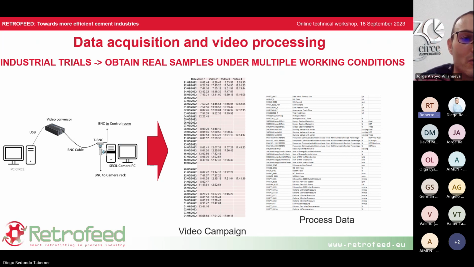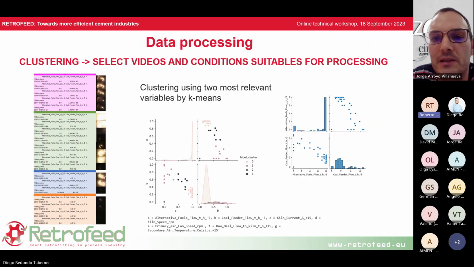As I mentioned, we could connect from Zaragoza to Cetil whenever we wanted. We defined a video campaign to record videos for the training, and Cetil also provides us all the process data. So we have a good start for the training on the real images. Please, next slide.